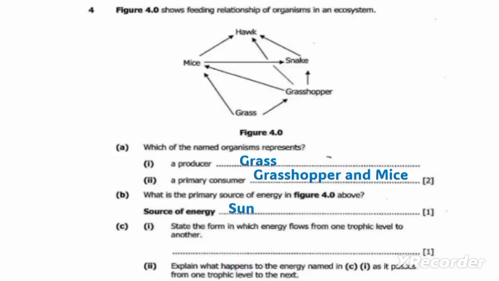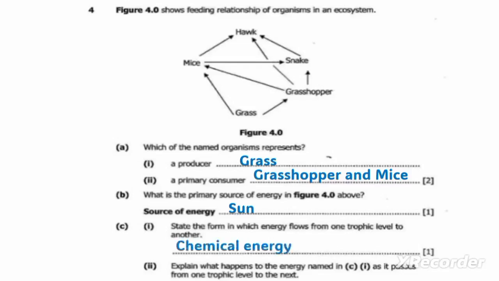We shift to question 4c, Roman numeral 1. State the form in which energy flows from one trophic level to another. In science, we learned that energy cannot be destroyed or created, but it can be transformed from one form to another form.